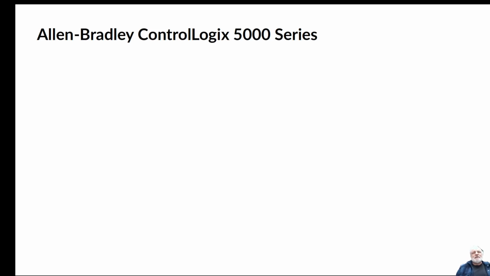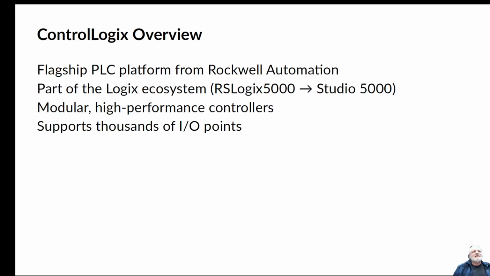So for us, we're going to be using the Allen-Bradley ControlLogix 5000 series PLCs. And these PLCs are really nice. They're the flagship for Rockwell Automation. They are modular, meaning you can select the different I/O cards that you need, and you can expand them.